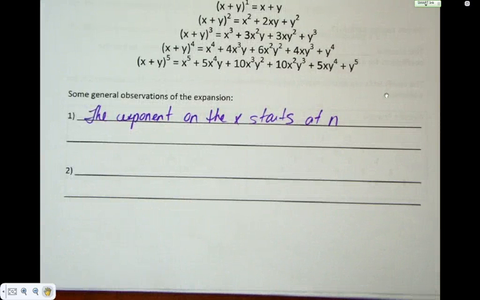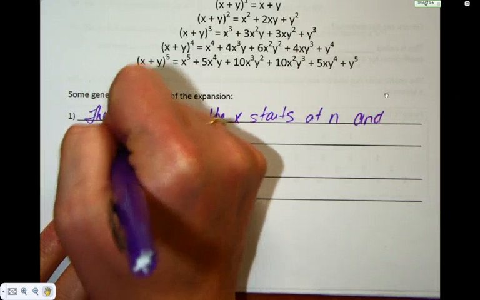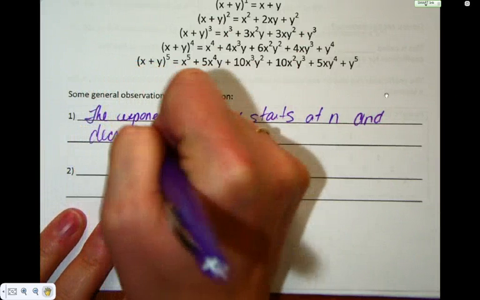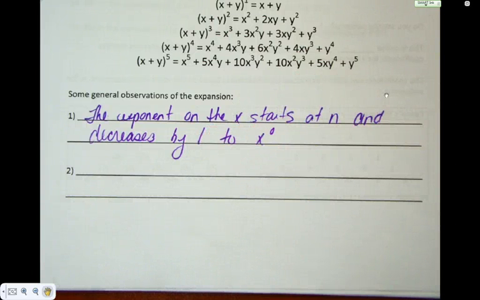So if the exponent is 5, it starts with 5. If the exponent was 10, guess what it would start with? X to the 10. And decreases by 1 to x to the 0.